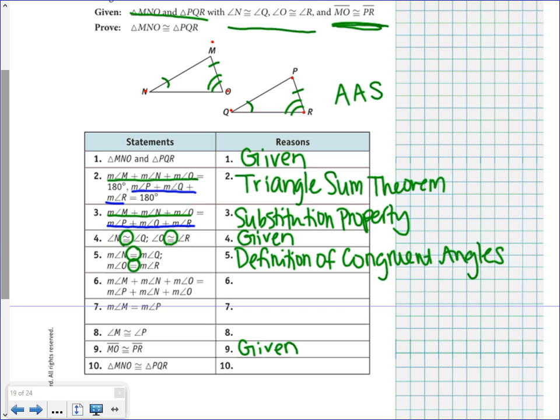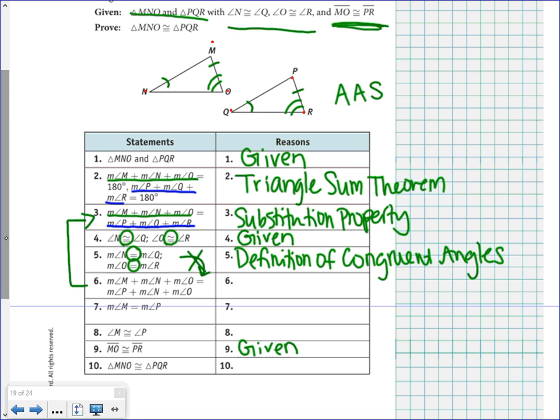From there, it doesn't look like 6 follows from 5. So look back. 6 doesn't follow from 5. It doesn't follow from 4. It looks more like step 3. And so let's look at what changed. M is the same. N is the same.